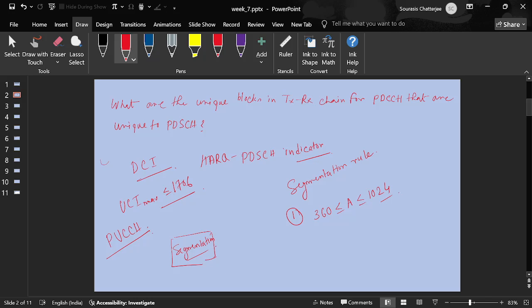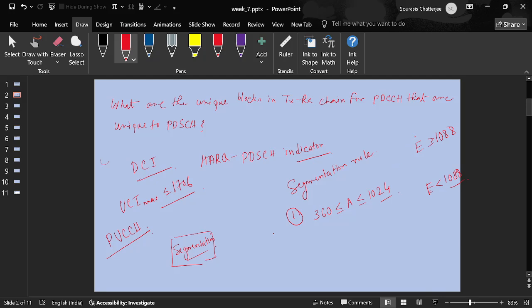Segmentation is not required. Okay, actually there is a condition: there are two scenarios, when the number of transmitted bits is more than, what is the number, 1088, if I remember correctly, and another is less.